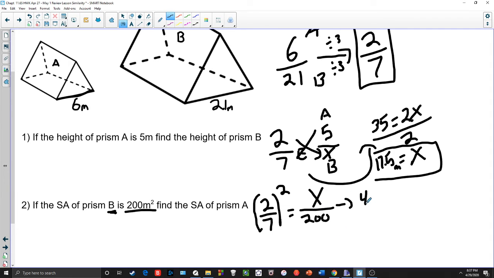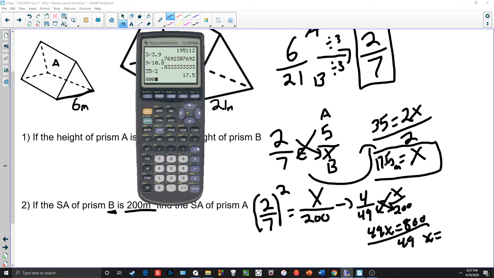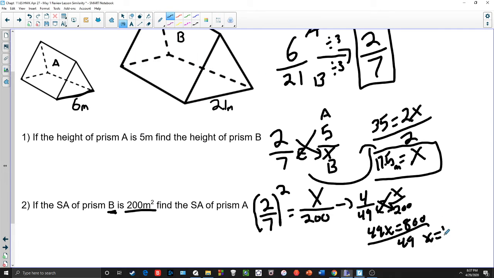So this would be 4 over 49, because that's what 2 and 7 squared are respectively, out of 200. You cross multiply here. You get 49x is equal to 800. Divide by 49, and you get x is equal to 800 divided by 49. 16.33 essentially. 16.33, and this would be meters squared.